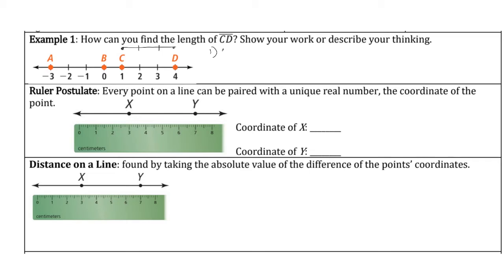One way, we can count from C to D, or we can go the opposite direction and count from D to C. We count 1, 2, 3, or 1, 2, 3. So the length CD is equal to 3.